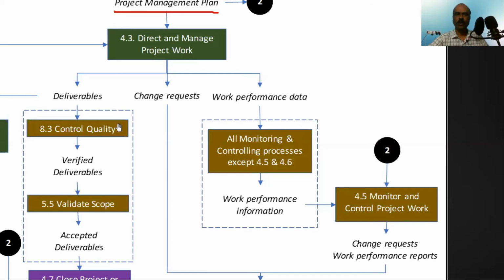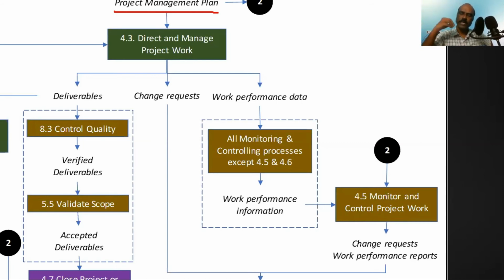And once all these processes do the analysis, they will be generating information. And this information goes as an input to monitor and control project work, which is again an integration knowledge area process. Remember, integration is at the top, getting information from the people below.